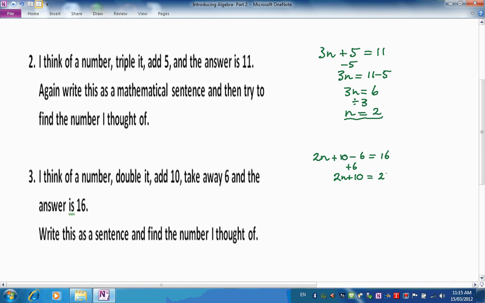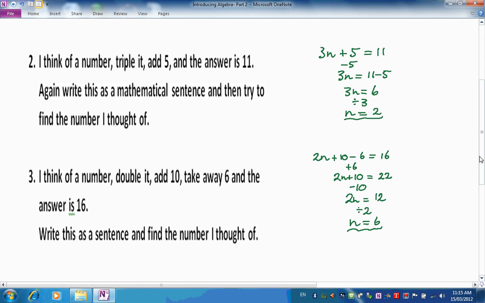Would have been the number 16 plus 6, number 22. And then if we took away 10, after doubling, the number would have been 22 take 10 is 12. So 2n is 12. Let's reverse that doubling by dividing by 2. So the number again is 6 here.